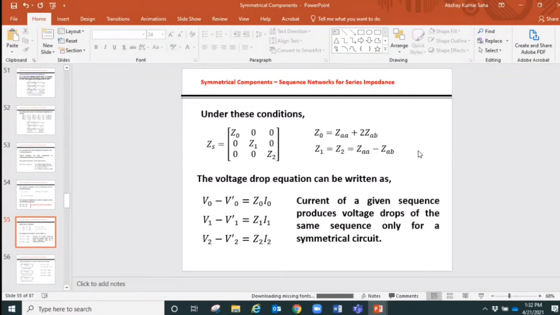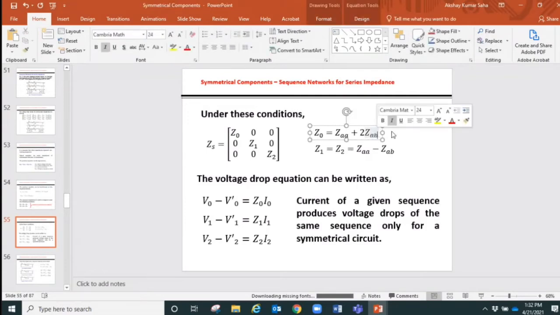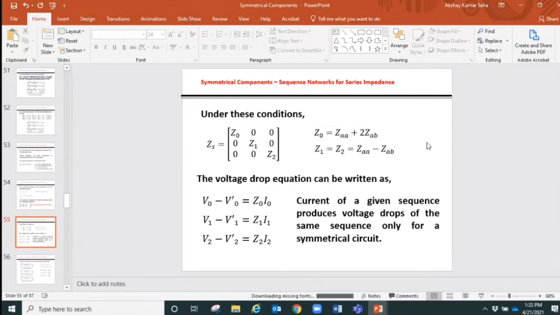Now we go to the next step, considering if the mutual impedance between any phase A and B, B and C, and C and A are not there, then what will happen? We'll find that Z1, Z2, Z0, they are all going to be the same. So it's a condition: if the mutual impedances are not there between the phases AB, BC, and CA, then we will have Z0 equal to Z1 equal to Z2.